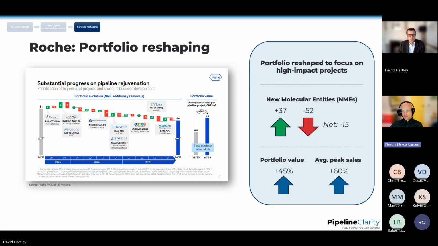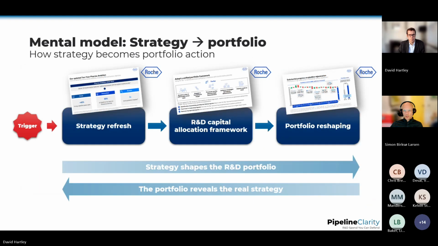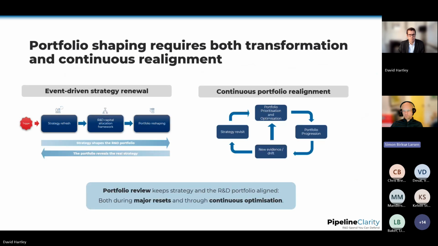And then on the right-hand side, you see portfolio value, which was a declared objective for reshaping the portfolio: average peak sales is going up, and the total portfolio value as a metric is also increasing. So that's an example of R&D portfolio reshaping in action and how it traveled from the strategy refresh. And here's just plotted on top the model I showed you before. And with that, I will hand it over to you again, David.